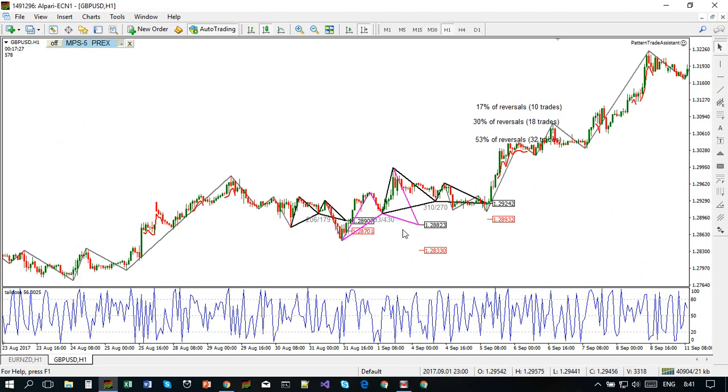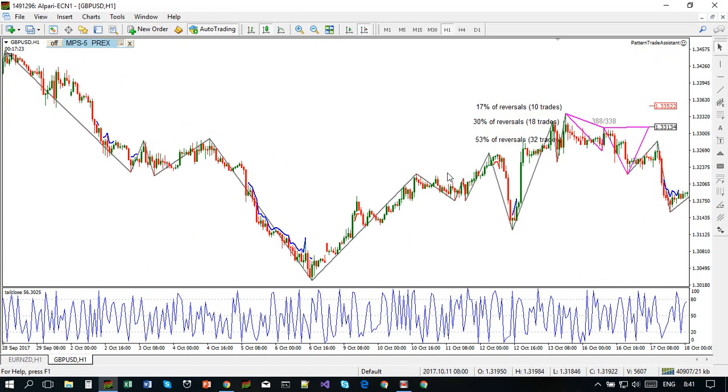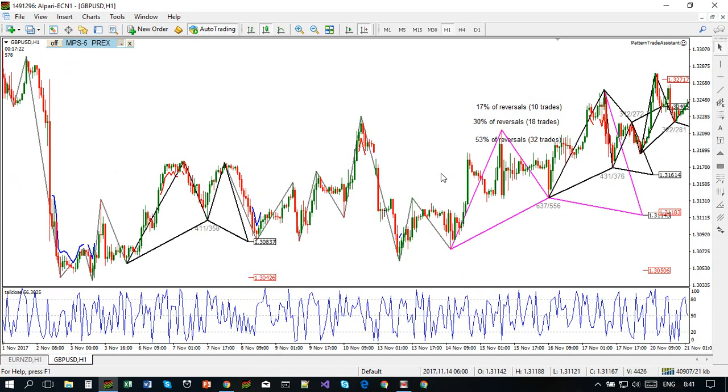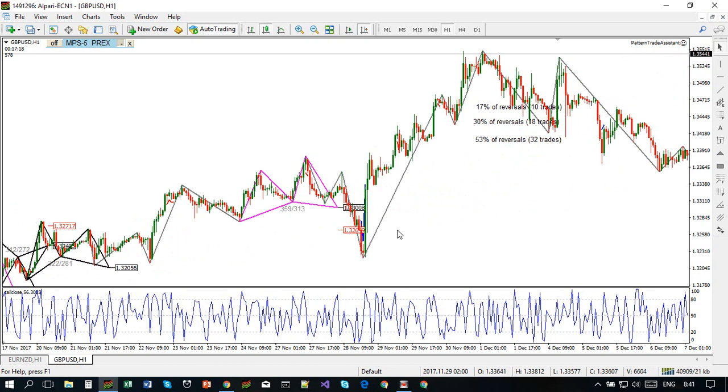And we have all these patterns, and I simply calculate if it works or not, and how the pattern should look like in order to work, and how it should not look like. For example, as I told you, the C to D leg should be one swing. Yes, we had one swing, second swing, third swing, so not executing here.